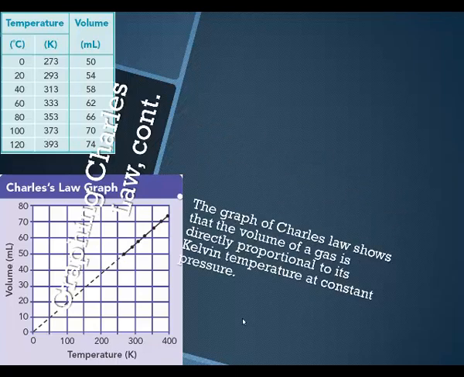The graph of Charles' law shows that the volume of a gas is directly proportional to its Kelvin temperature at constant pressure. And we could even restate that by saying the graph of Charles' law shows that the volume of gas is directly proportional to its Celsius temperature at constant pressure.